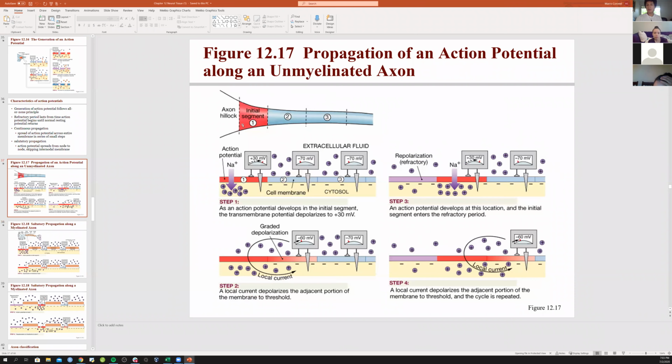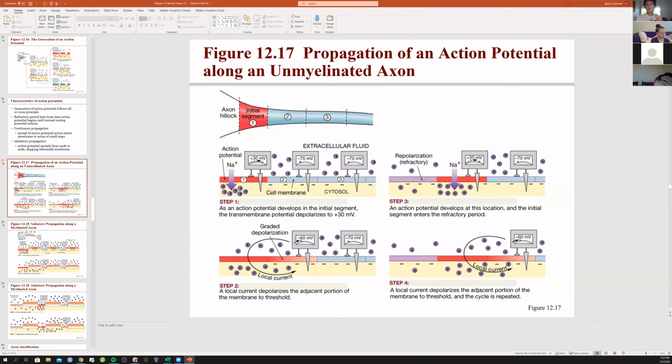And going back to the axon hillock, why does the action potential initiate at the axon hillock? It's because the axon hillock has a high concentration of voltage-gated sodium channels and voltage-gated potassium channels, because they need to go back to their resting potential.